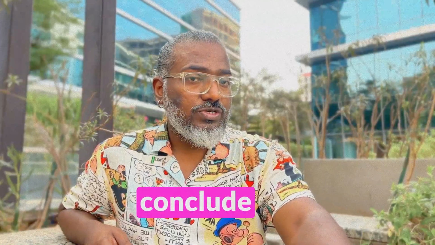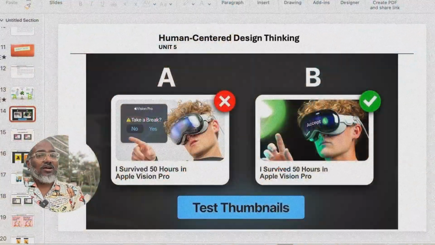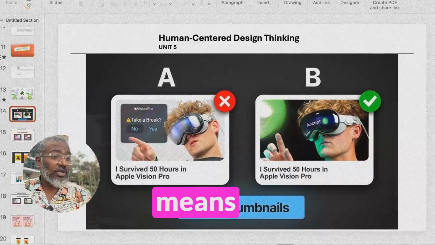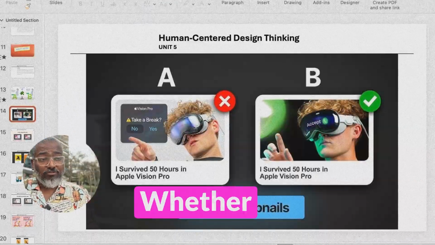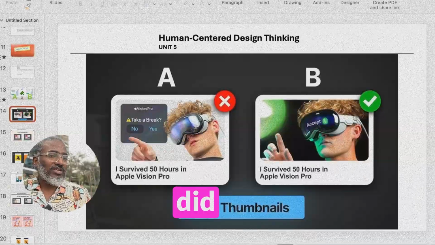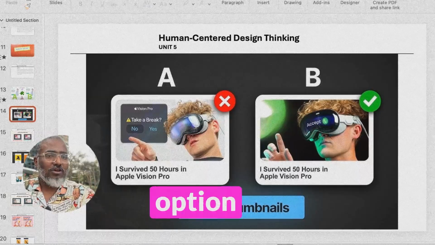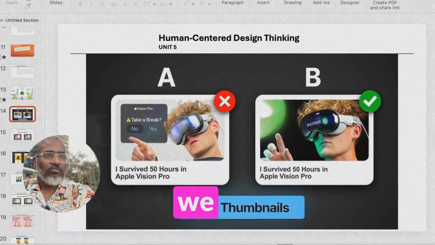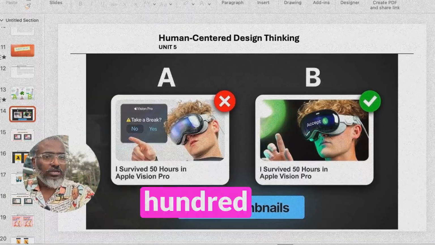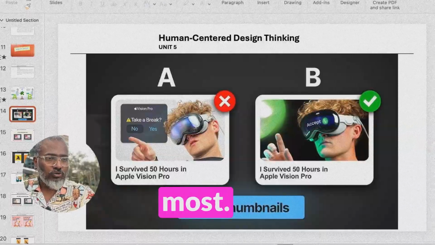Before I conclude our discussion, I just want to show you one hint of it, A/B testing. A/B testing literally means which one you like, whether you like A or B. In this case, we did thumbnail A/B testing. If you see, there's option A and option B. We showed it to 100 people and we understood which is liked most.